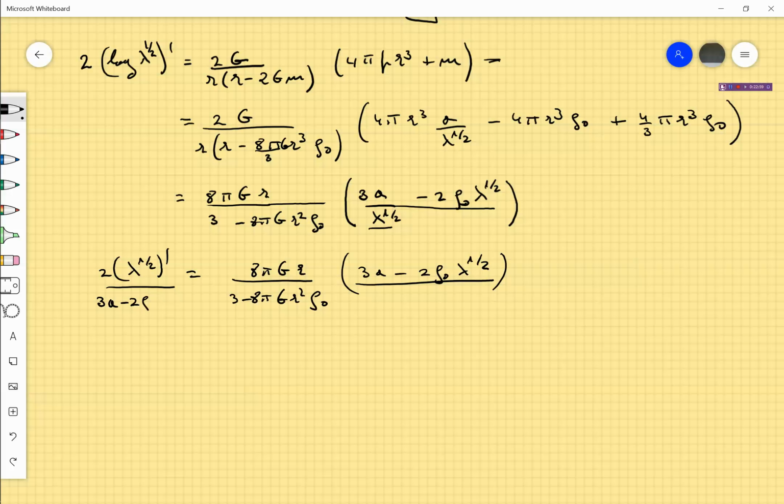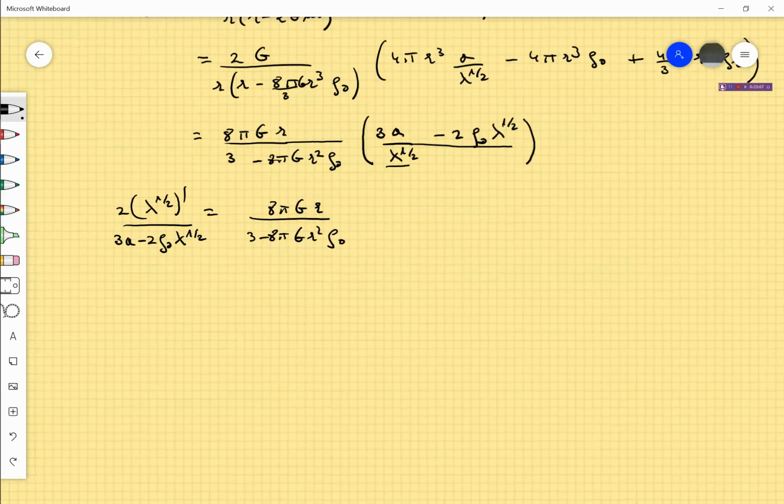minus 2 rho 0 lambda 1/2, and okay, what we have achieved is that we have only lambda 1/2 and lambda 1/2 prime in the left hand side and a function of r in the right hand side. Okay, this is not so difficult to integrate then, if we take lambda 1/2 as the variable.